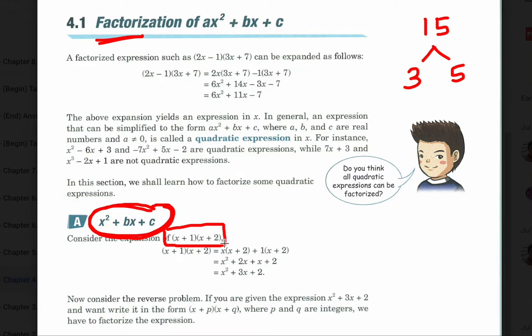X plus 1 times x plus 2 will get us to x squared plus 3x plus 2. Just like how 15 can be broken down into its two factors of 3 and 5, so that 3 times 5 will get us back to 15.